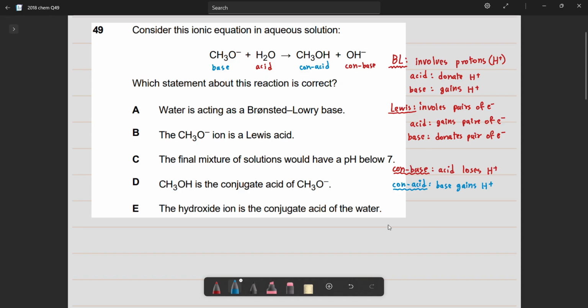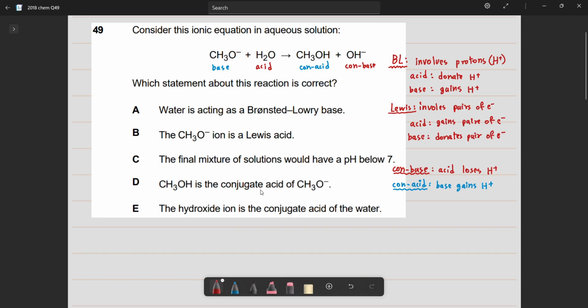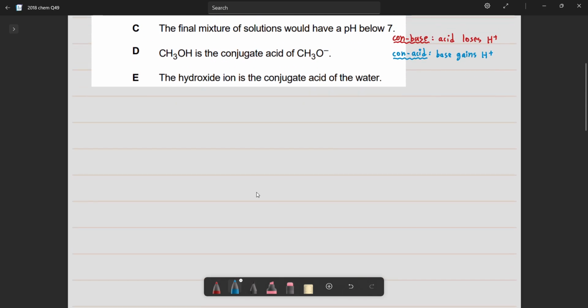These are the key terms and definitions we must know for solving this question. Now I'm going to draw the mechanism diagram so that it's easier to identify how the reaction works.